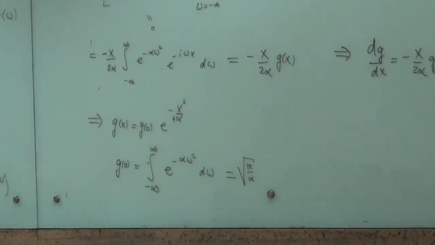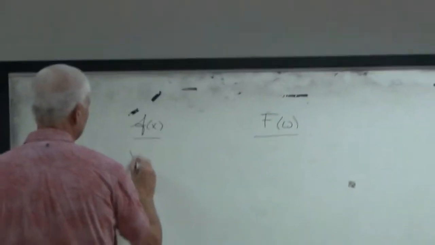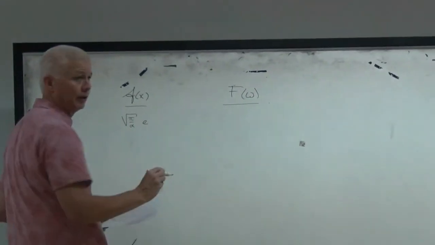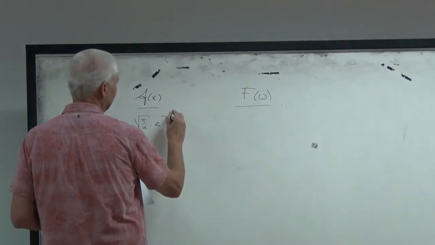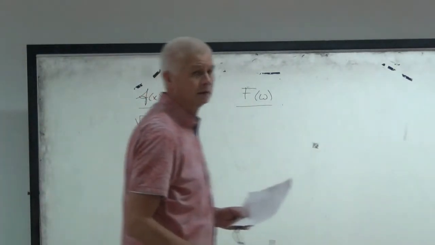Okay, I have here another blackboard. So I'm going to write down here f(x), and I'm going to write down here f(omega) in the table. And if I use f(x), then I see that I will have over here the square root of pi over alpha times e to the power minus x squared over 4 alpha.